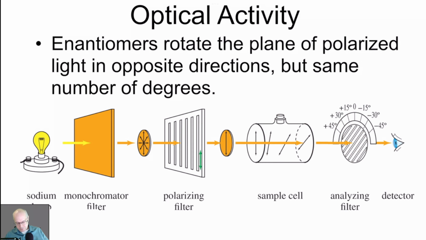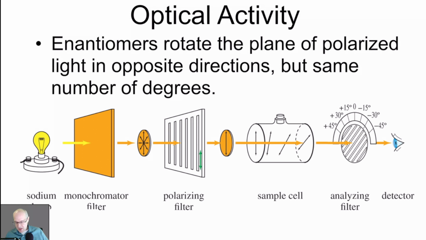So now, here comes that polarized light, all vibrating in one direction. It hits your chiral sample. And when polarized light hits chiral things, it starts to rotate. So this light, as it's traveling through our sample, is rotating in one direction. It's rotating to the negative direction.